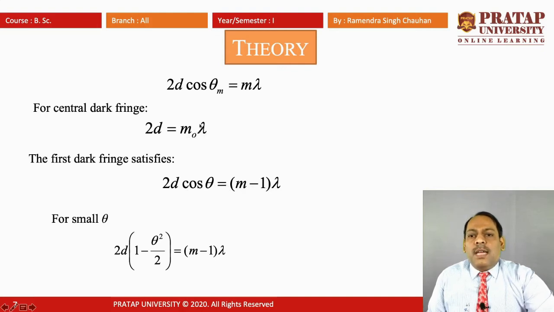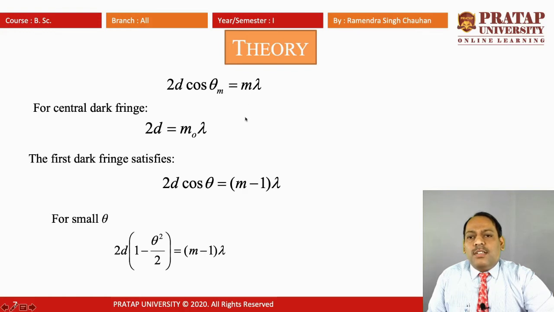When the m naught order is observed at the center, the angle is 0 degree, and because d is fixed and lambda is fixed, for cos 0 the value of cos theta m will be maximum, and hence m will be maximum.